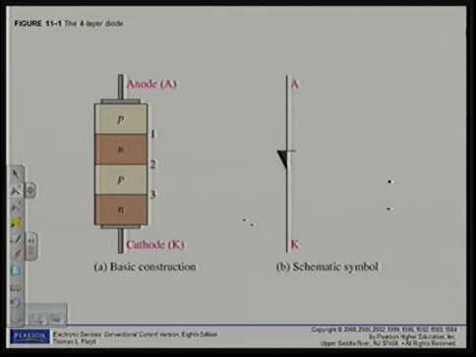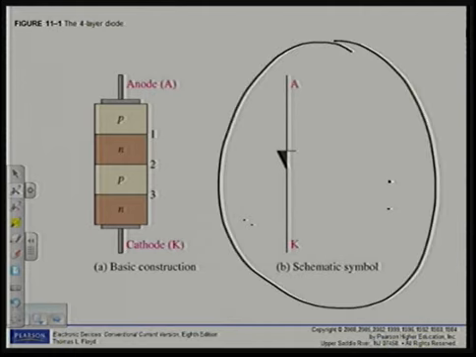Only in this case now I have 4 layers, PN-PN. And of course you also have to know the schematic symbol for a 4-layer diode, also known as Shockley diode or the SUS. Alright, how does this device work?